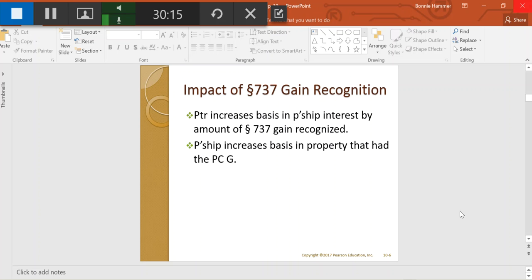And then the partnership increases the basis in the property that had the PC gain. So remember, they still hold the PC gain property, the couch. They distributed some other property to the PC partner. So they will increase their basis in the couch by the amount of 737 gain recognized by the PC partner.